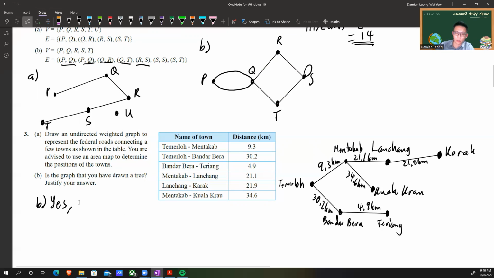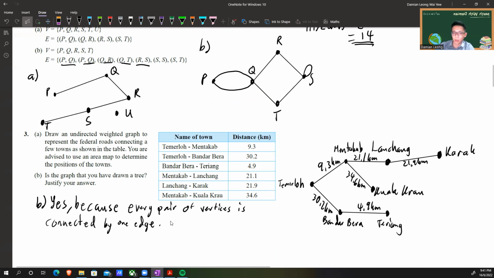Okay. Because every pair of vertices is connected by one edge. And then number of vertices. Here there are 1, 2, 3, 4, 5, 6, 7. Number of edges. 1, 2, 3, 4, 5, 6.